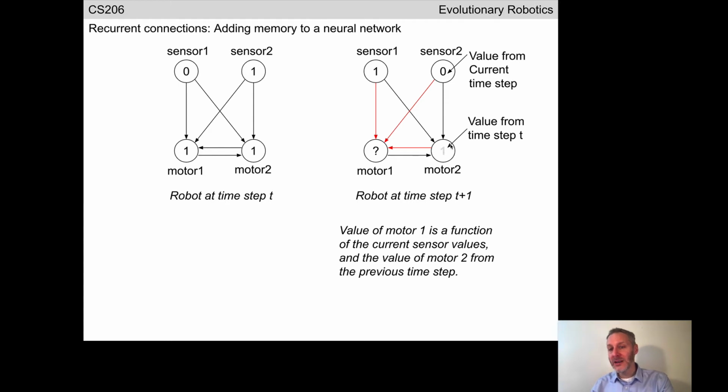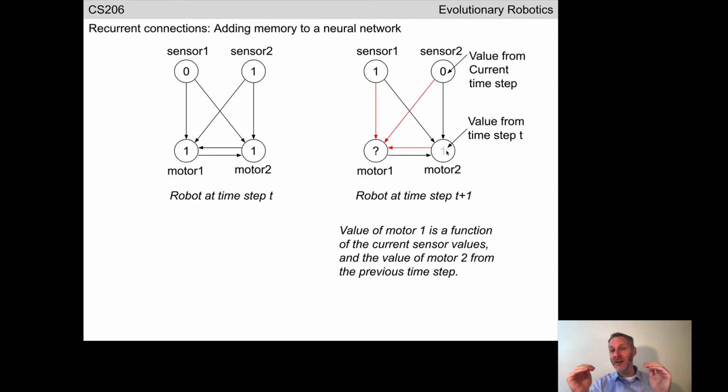and we now need to take the value from motor 2, but we've only just started to forward propagate the values. We have the values at the input layer, but we have not yet computed the values at the output or the motor layer. So we've just started that process. We're computing the value at motor 1, but we need to reference a value at motor 2, and we haven't computed the current value of motor 2 yet.